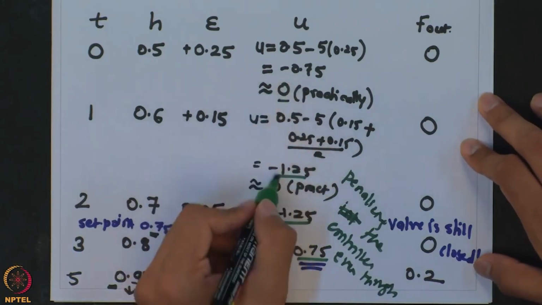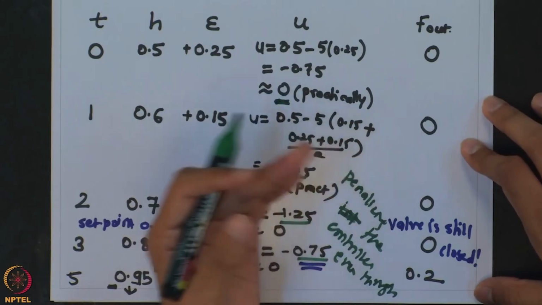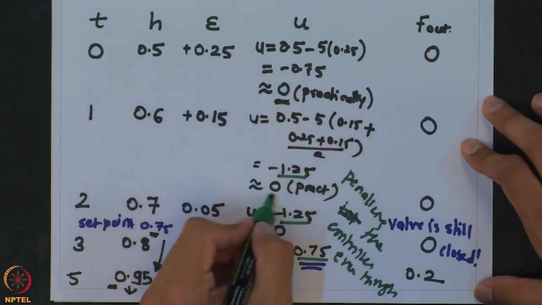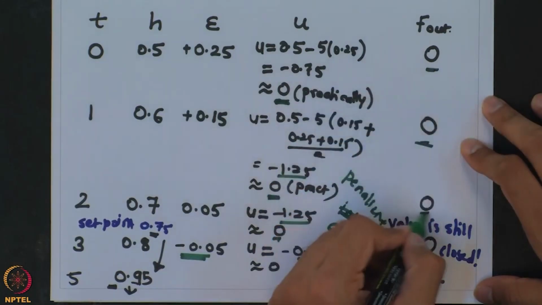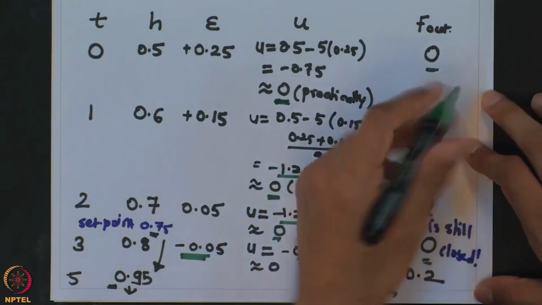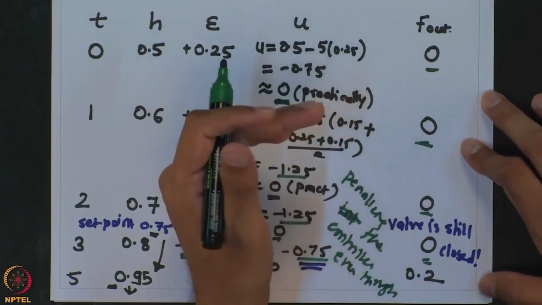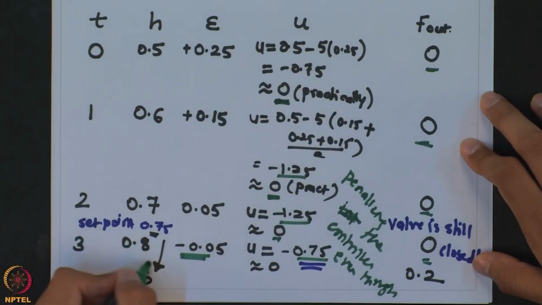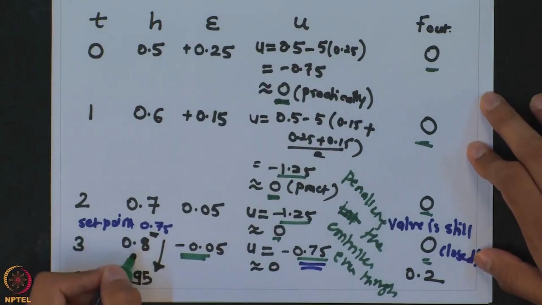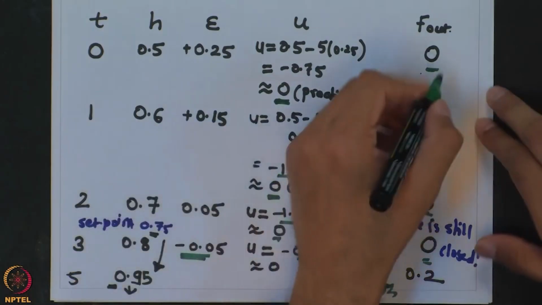So, even though you are asking it to become highly negative, or you are actually asking the outlet flow rate to go down, it has already gone down to the minimum value. So, it can no longer go further down, but still you are penalizing that poor performance of the controller. So, that is not correct. So, that is the reason why you get such a high offset from the set point, and this particular thing is happening because the control valve is saturated.